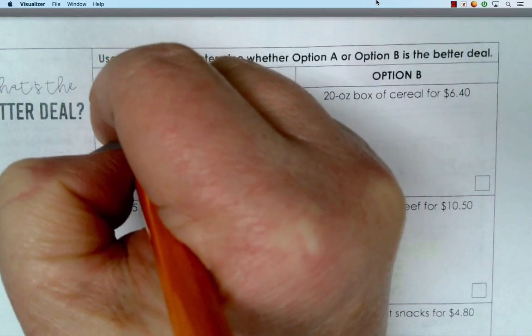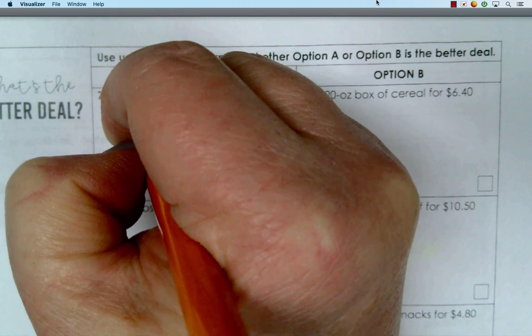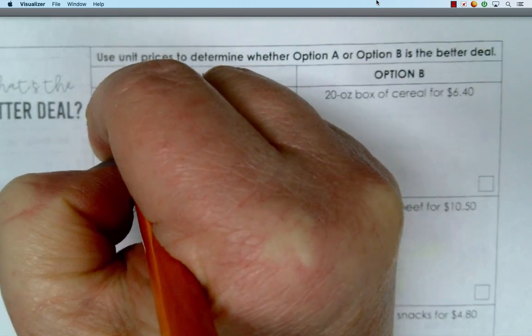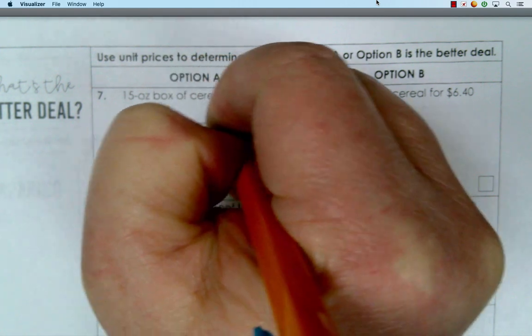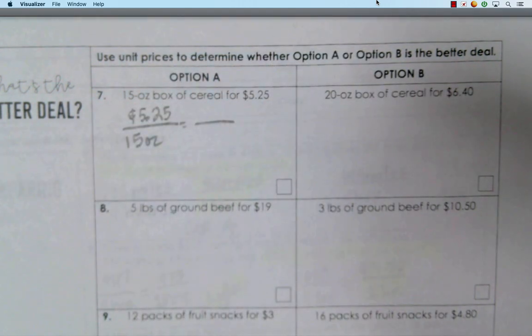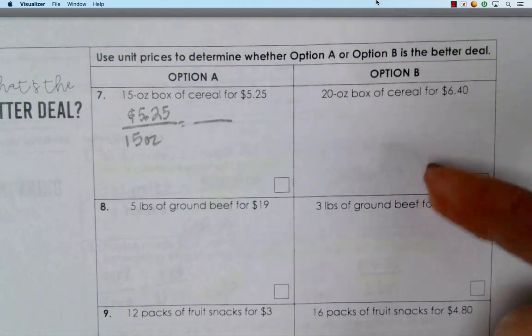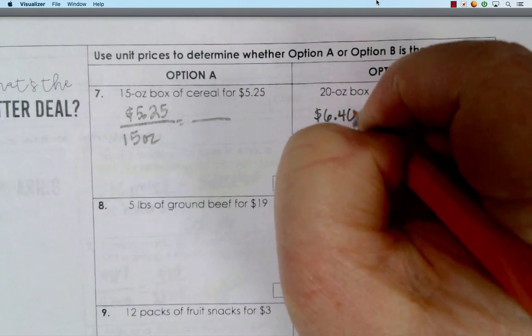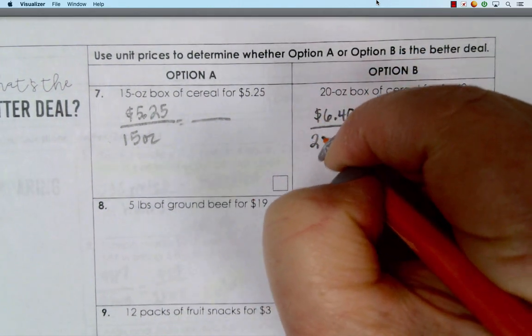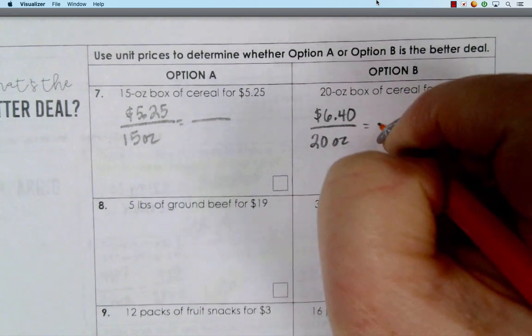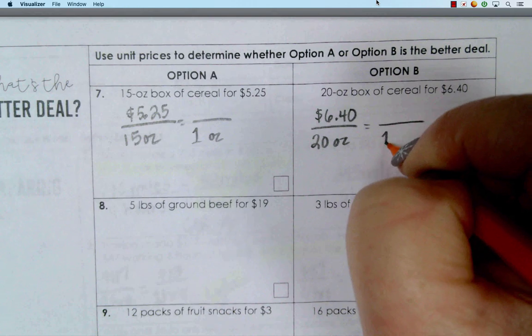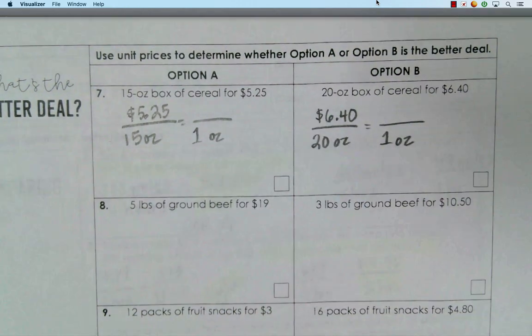So I have $5.25 for a 15-ounce box. And I got to figure out the unit rate. Over here, though, I also have $6.40 for a 20-ounce box. And I want to find out how much it is per 1 ounce, like the nitty-gritty.